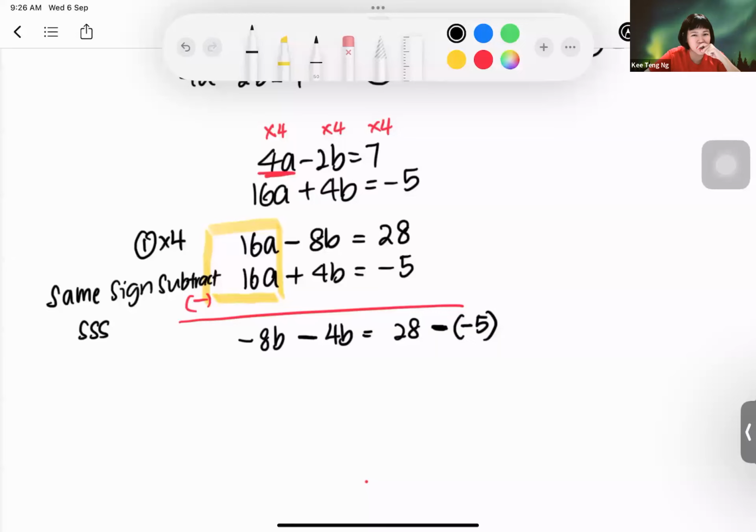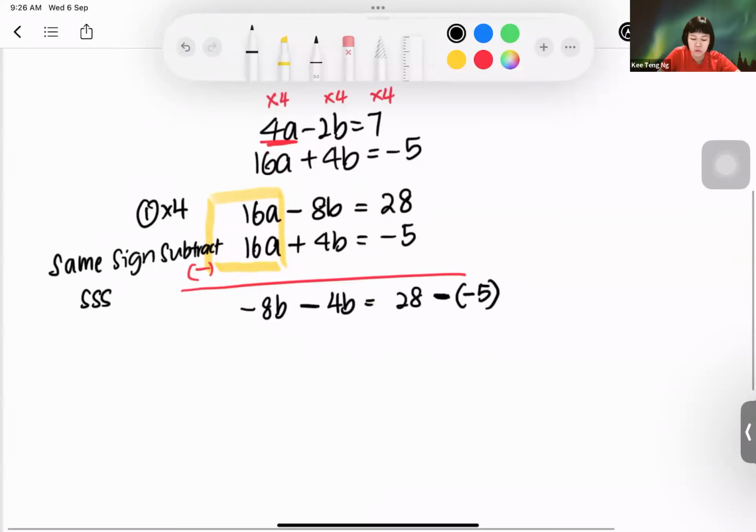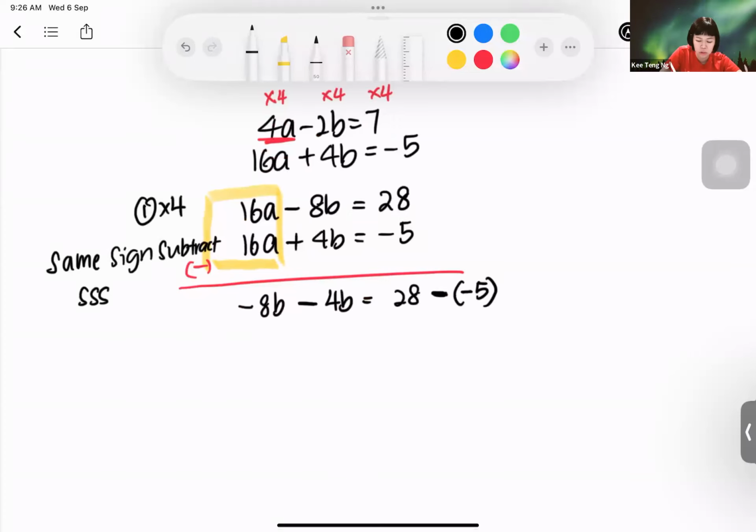Students usually do subtraction, forget the sign or make some careless mistake and then get the answer wrong. It's such a pity, because you know your stuff, just not careful enough. So for those who use this method, please take note, this will be -12B, and this is 28 minus -5 to give you 33.